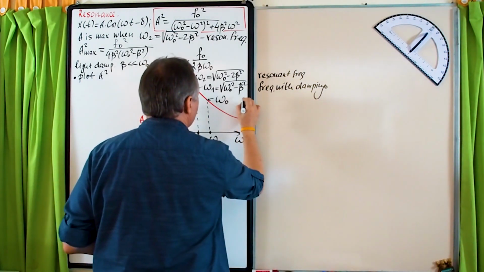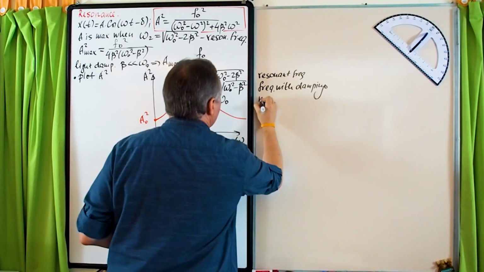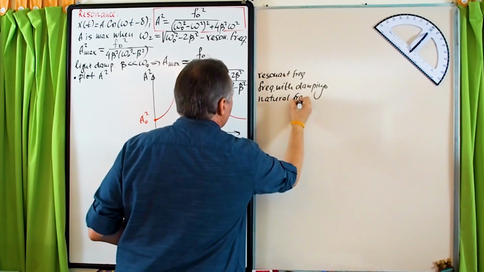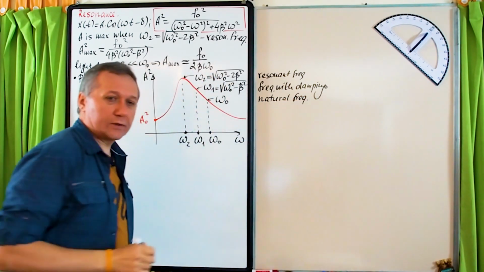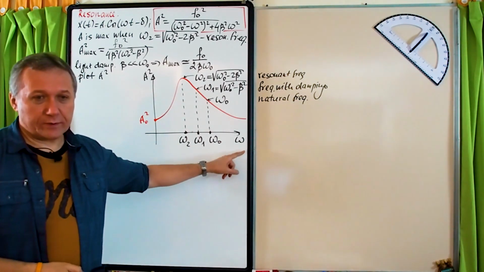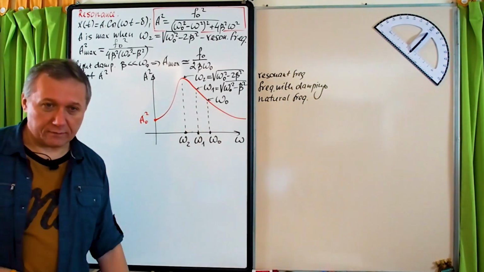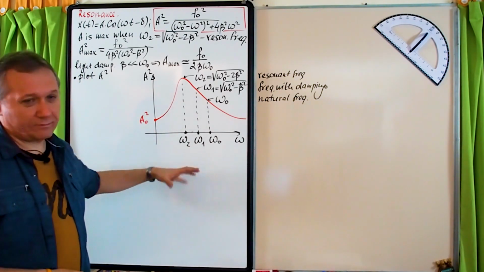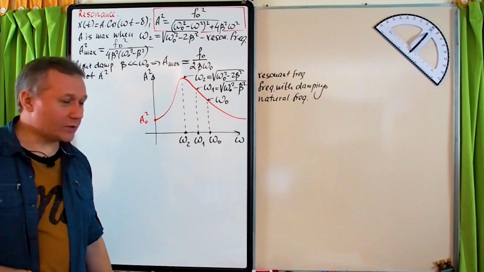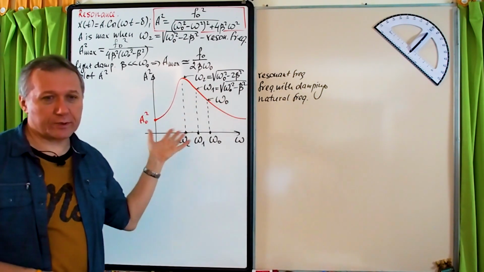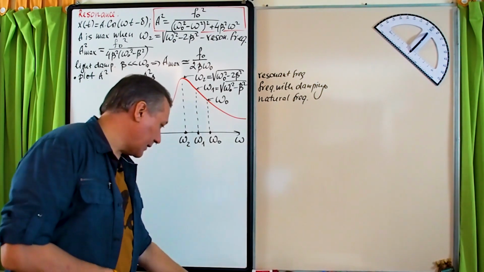I will just write it's a natural frequency, when there is no damping. And omega in this case is the driving frequency, and it is a variable. And of course, all these frequencies are at the same spot only when beta equals 0. When beta equals 0, the natural frequency and the resonant frequencies are the same.